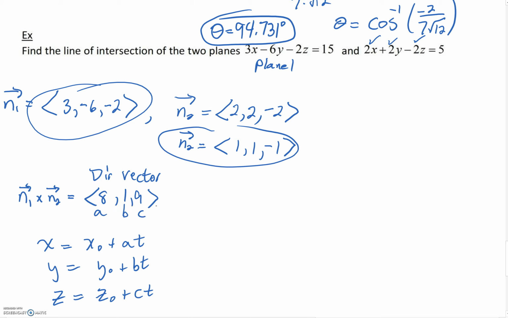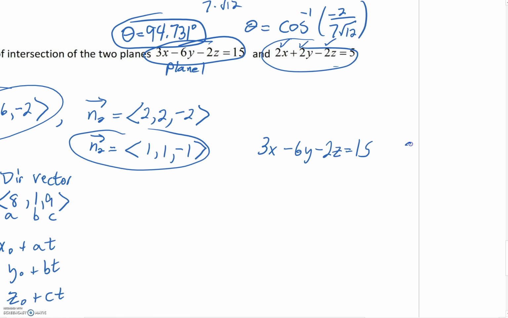You have an A, B, and a C. What you don't have is a point on the line. And it's at this point where perhaps we could use these two equations of our planes and utilize them to find out through elimination if we could find a point of intersection.